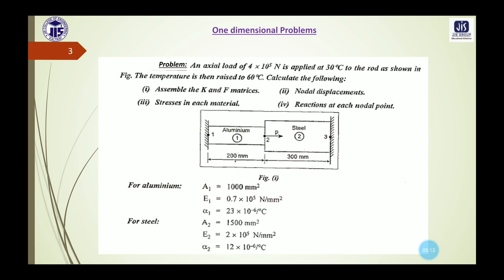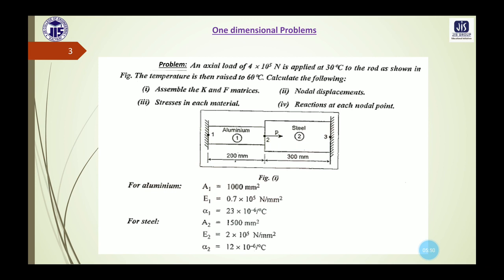So let us first write what are the things given in this problem. We need to first identify those. So here in the diagram we can see that the rod is having the aluminum and steel materials, and for the first element of aluminum it is having two different nodes which are 1 and 2, and for the steel element the nodes are 2 and 3.